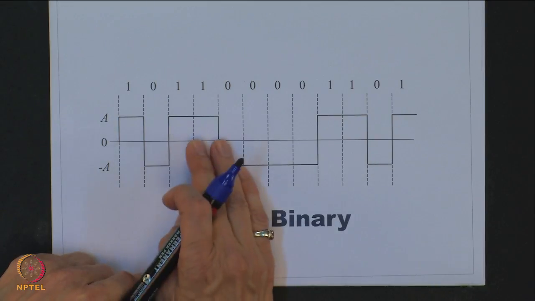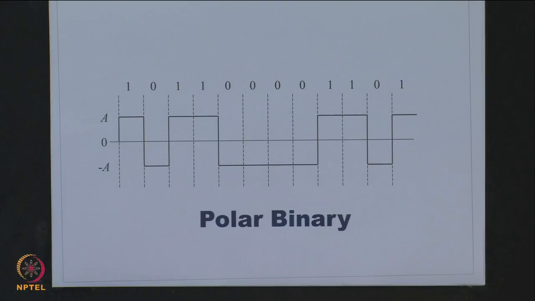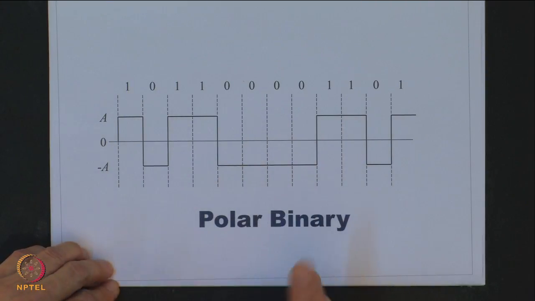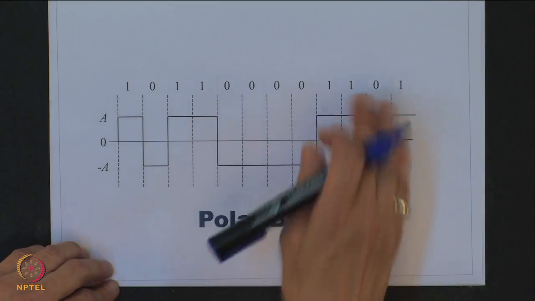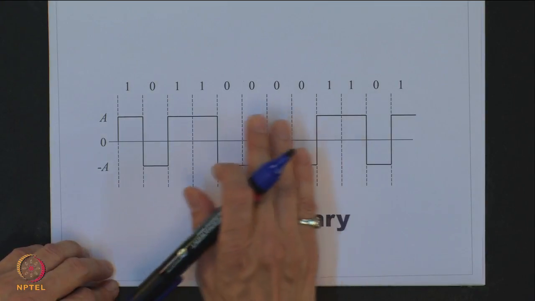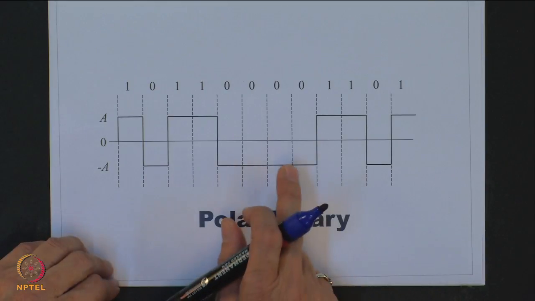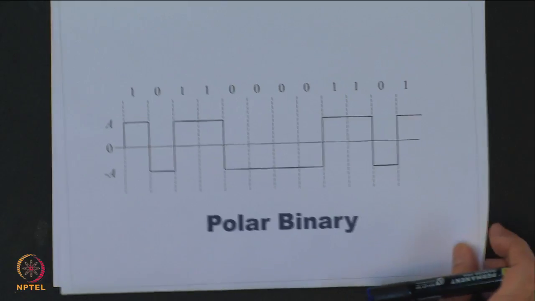So, there is no guarantee of transitions for timing regeneration, which we will shortly study. So, though this polar binary signal does have 0 mean if the data is equiprobable, we will see that this still has a high power spectral density at low frequency, and therefore still a problem with channels which do not pass DC.